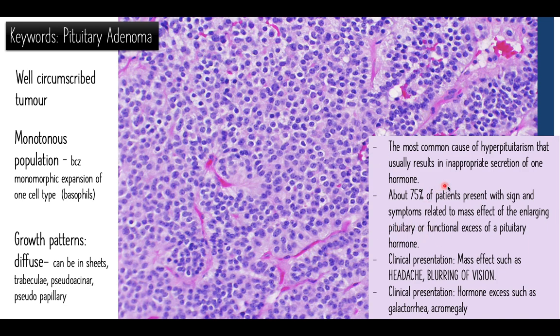About 75% of patients present with signs and symptoms related to mass effect, for example, headache and blurring of vision, and the rest present with hormone excess symptoms such as galactorrhea or acromegaly.